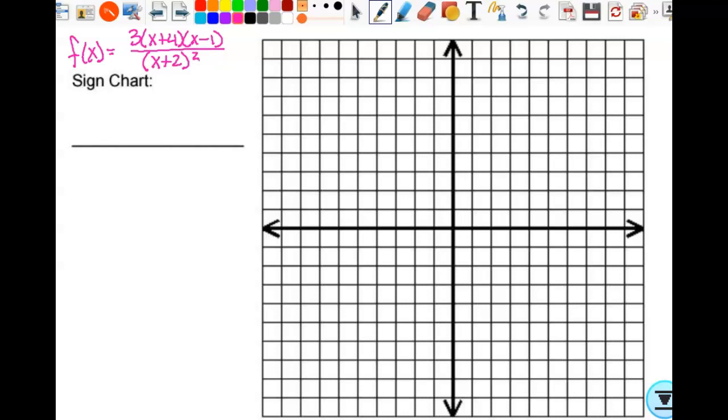Okay. All right, so then I want to do my sign chart. I have 3 things to put on here. It's going to be at -4, -2, and 1. This is closed, open, closed.